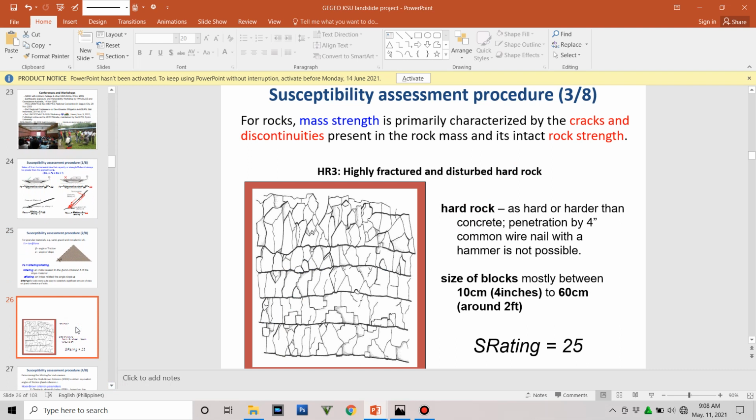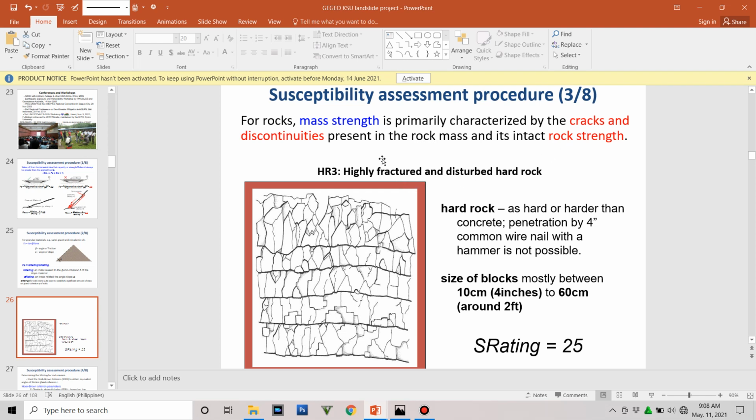For rocks, the parameters are different. Rock mass strength is primarily characterized by the cracks and discontinuities present in the rock mass and its intact rock strength.